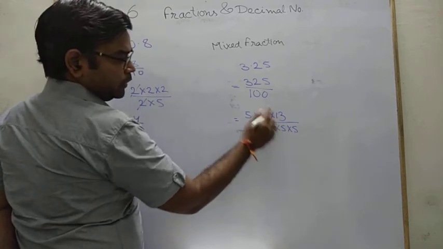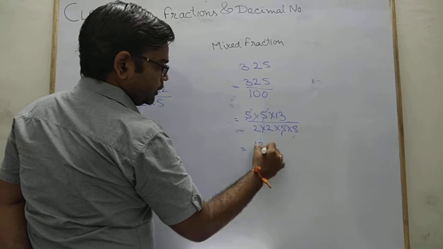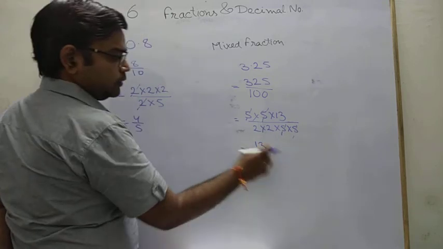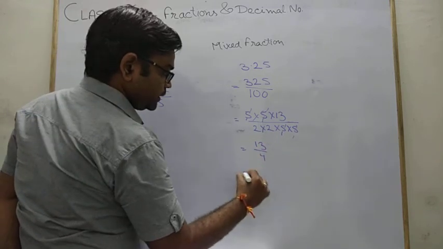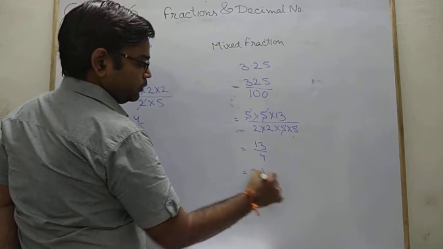So there are two 5s, cross them. What do we have? We have 13 upon 4. Then convert into a mixed fraction easily. 4 3s are 12, whole 3 and 1 upon 4.